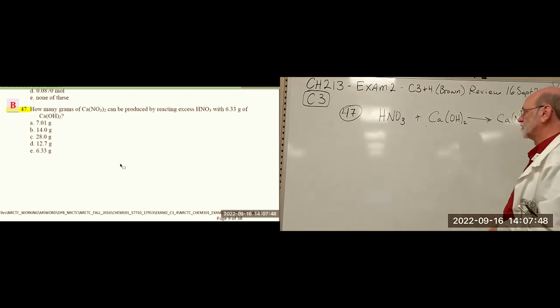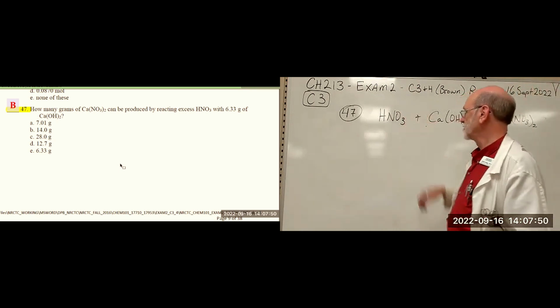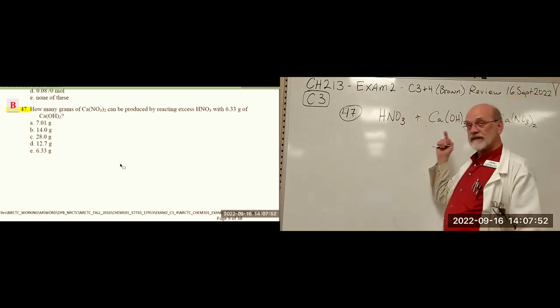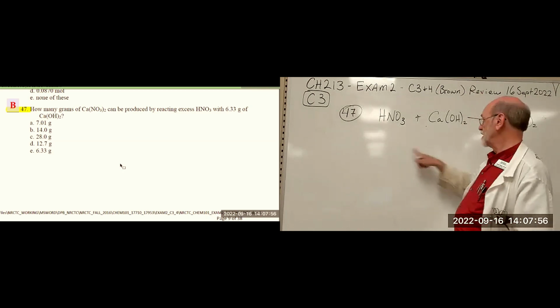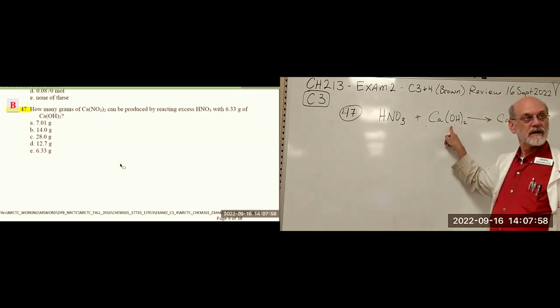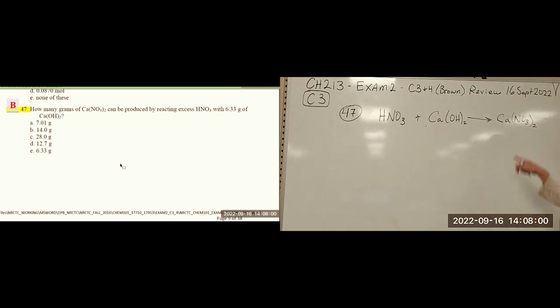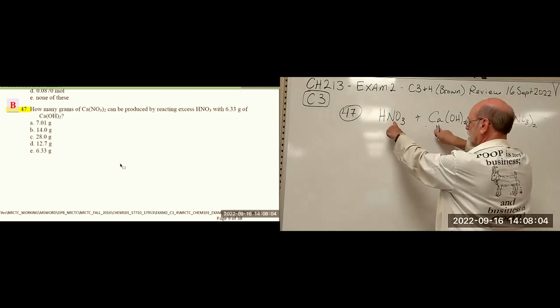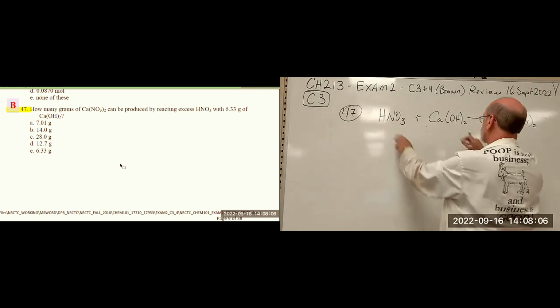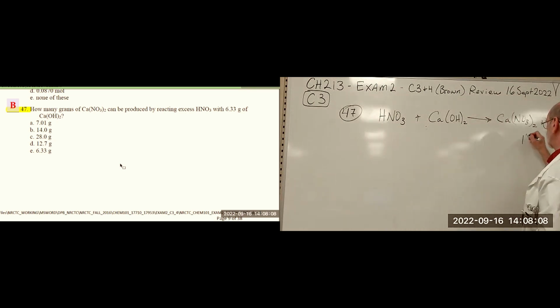What else is there? You have to recognize this is an acid-base reaction. There's your acid, there's your base. When you react an acid and a base, you get a salt, calcium nitrate. What's left over? Hydrogen and hydroxide. Water. Okay? You have to know that.